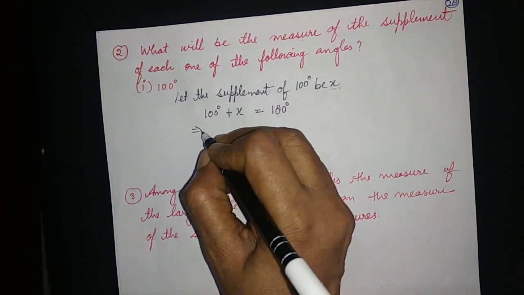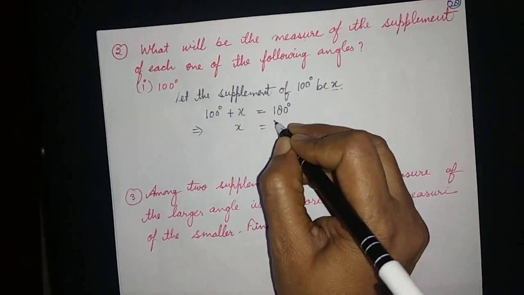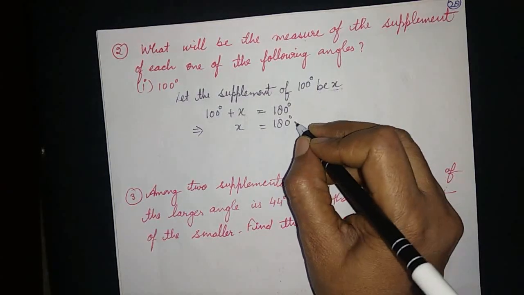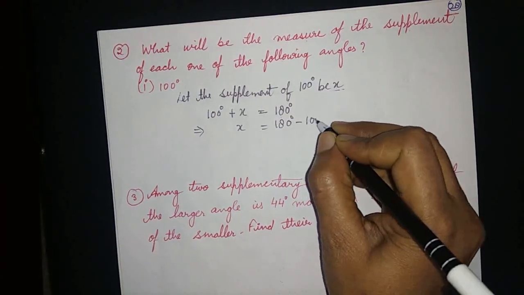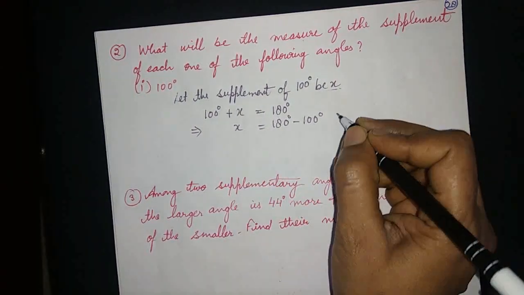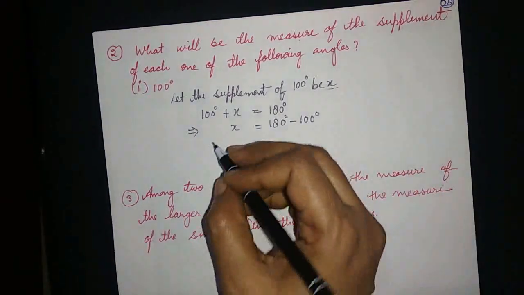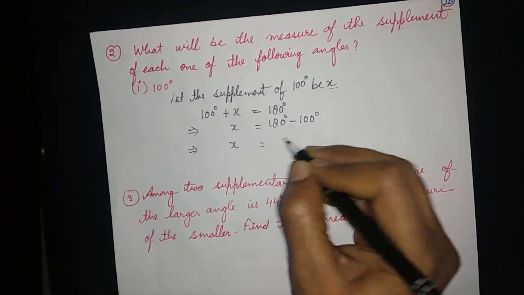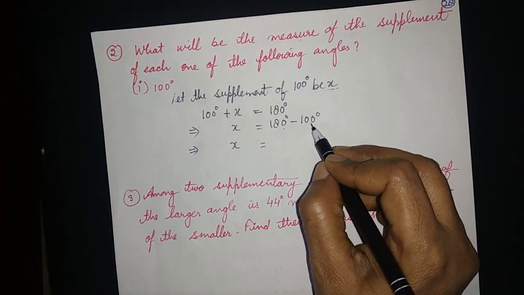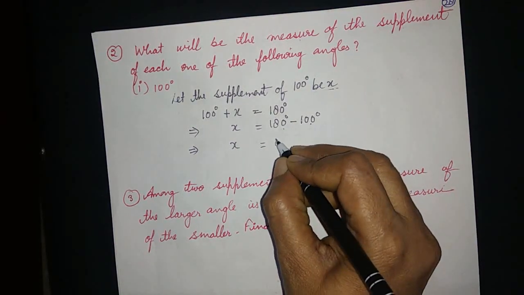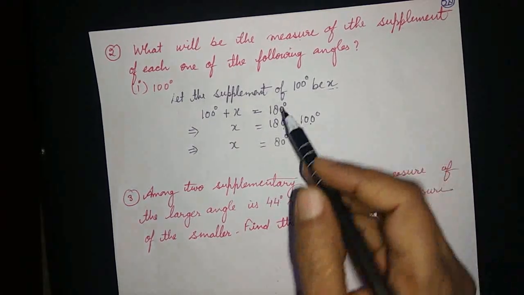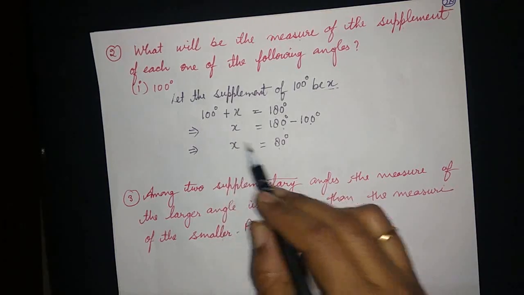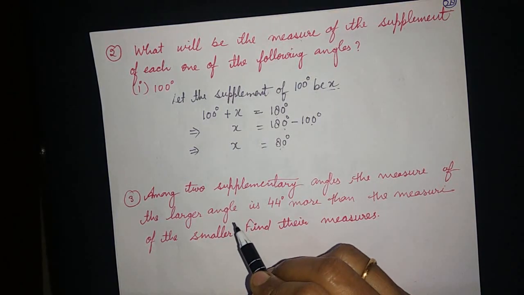And now 100 plus x is equal to 180 degree. This 100 we will transpose to right hand side, and here on right hand side we will get 180 degree minus 100 degree, and then x is equal to 180 minus 100. What will come here? 80 degree. Okay, so the supplement of 100 degree angle is 80 degree.